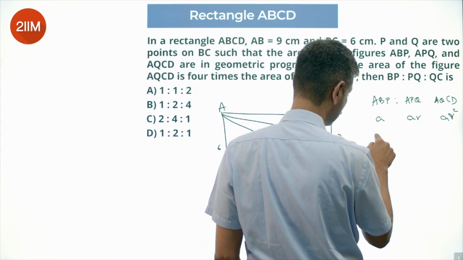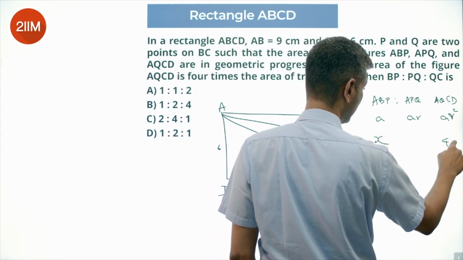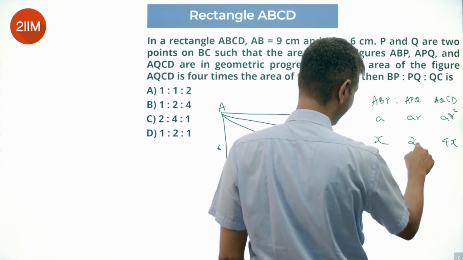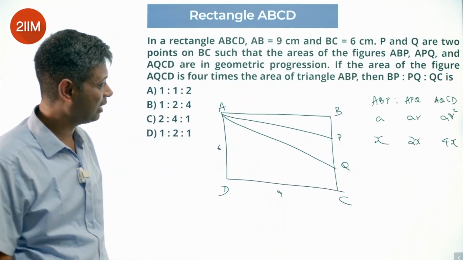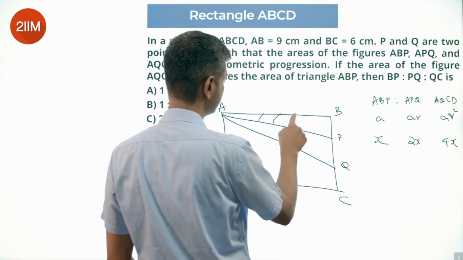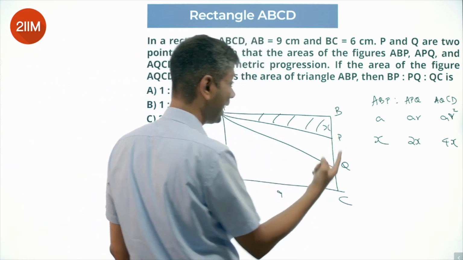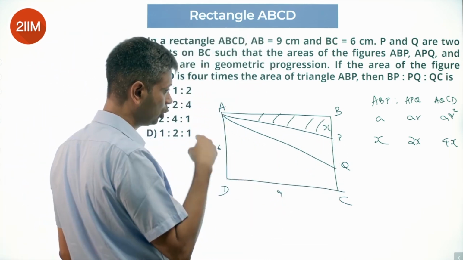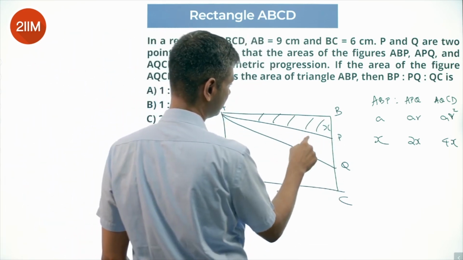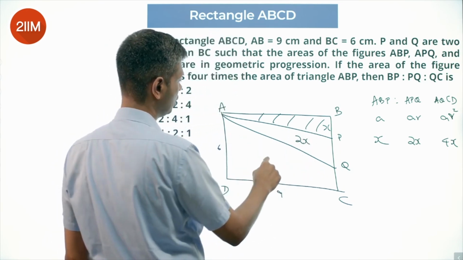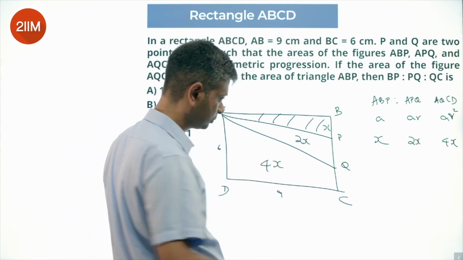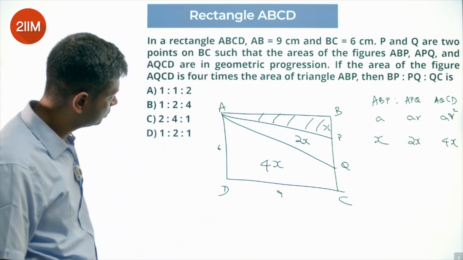So this is x, this is 4x, so this should be 2x. If the ABP area is x, APQ should be 2x, and AQCD should be 4x.